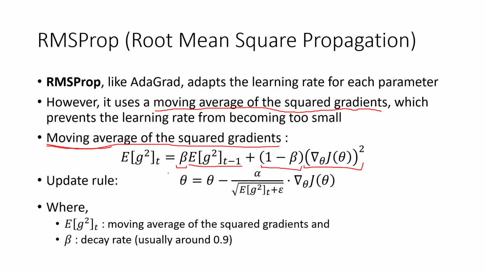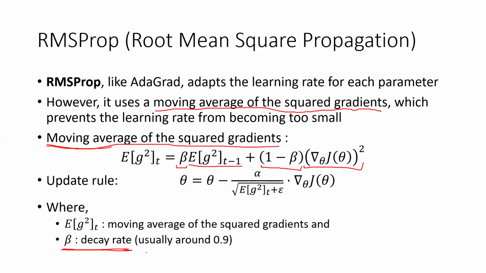So now, compared to the AdaGrad algorithm, we have added this new beta term, which is known as the decay rate, right? We have to define this hyperparameter beta, which is typically around 0.9.